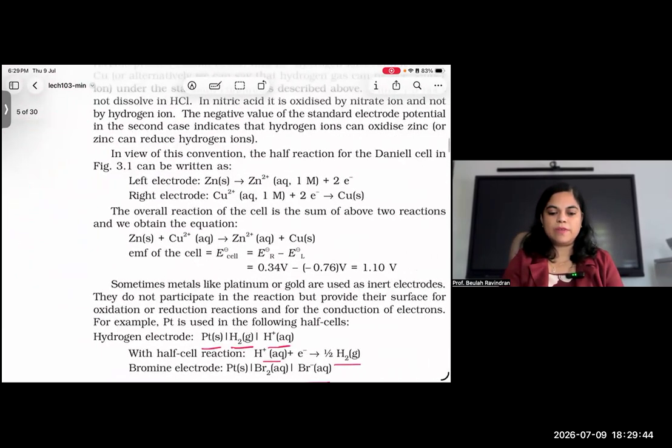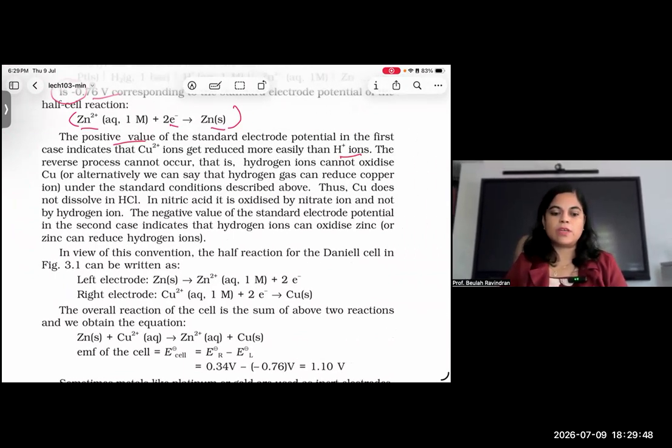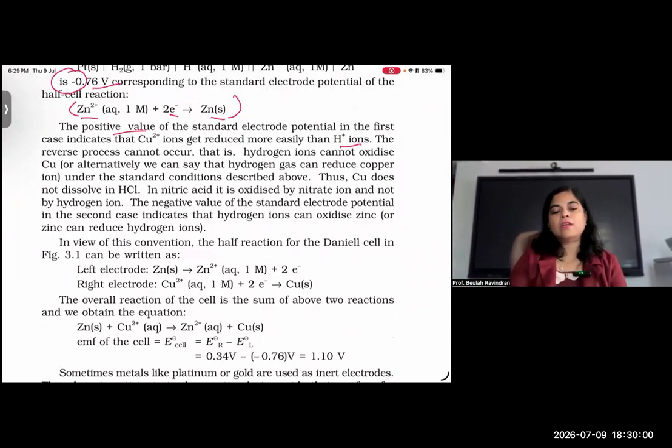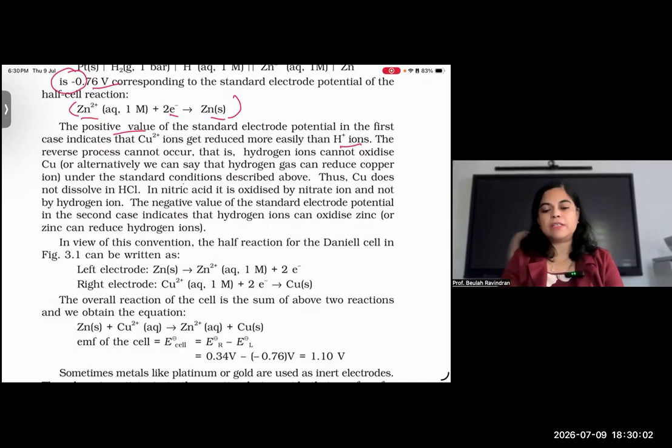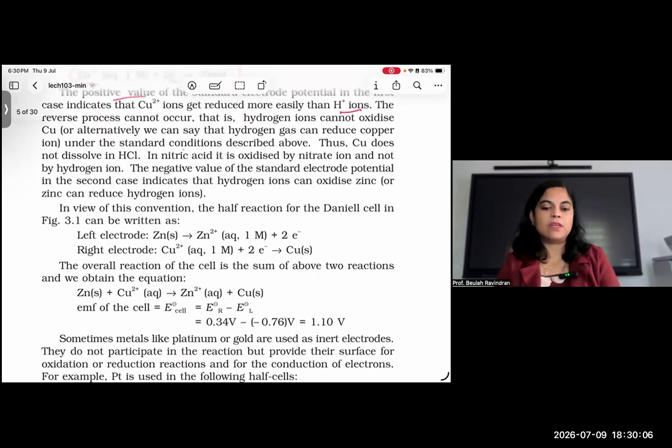The reverse process cannot occur, that is, hydrogen ions cannot oxidize copper. Alternatively, we can say that hydrogen gas can reduce copper ion under the standard conditions described above.